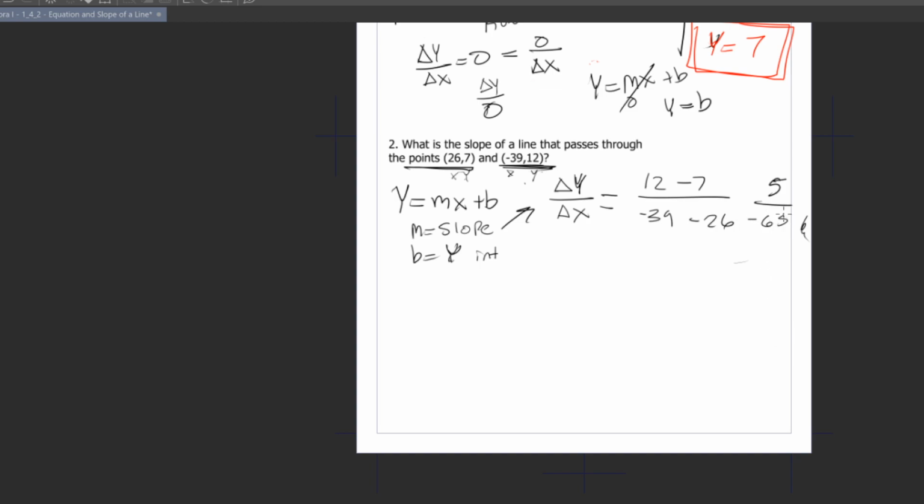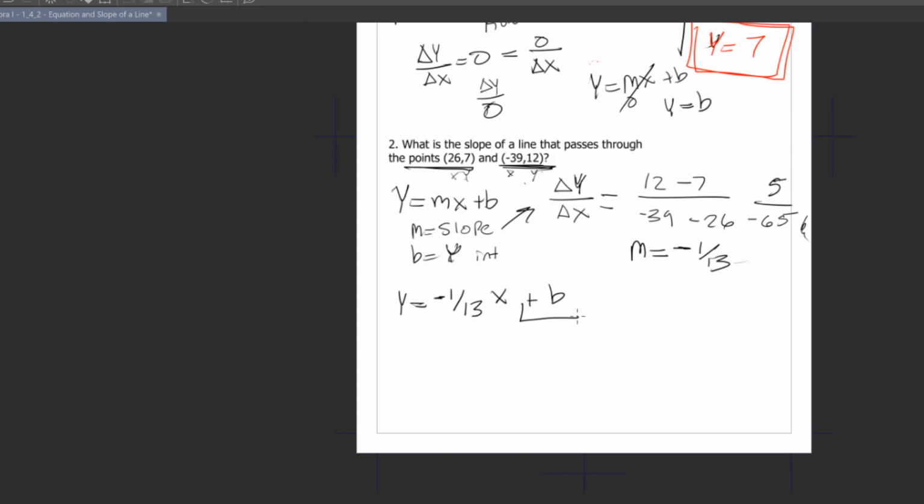So 5 over negative 65 equals negative 1 over 13. Let's leave it at negative 1 over 13. So our equation right now is y equals negative 1 over 13 x plus b.